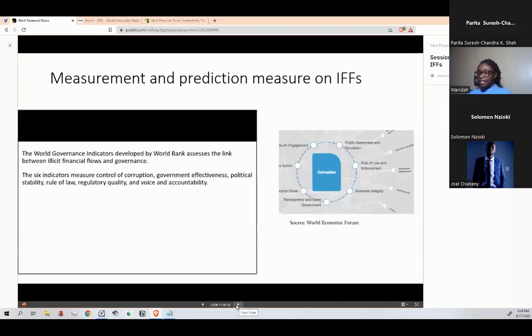Another is the governance indicators. Under the governance indicators, we are looking at how stable a country is, and the World Bank has given 6 key indicators: control of corruption, government effectiveness, political stability, rule of law, regulatory quality, voice and accountability.